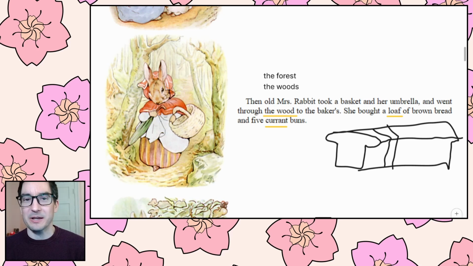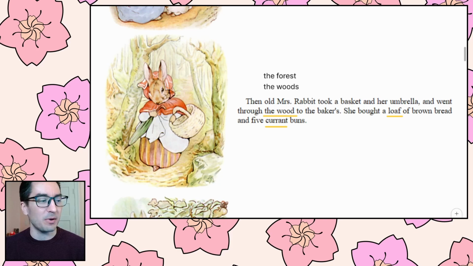But I'm colorblind, so I'm not sure. Currants are in England, but we don't have currant in the United States. I'm not sure why. But the mother bought 5 currant buns, meaning pieces of bread with currant inside, maybe currant jam inside. Okay, goodbye, my cow bread.